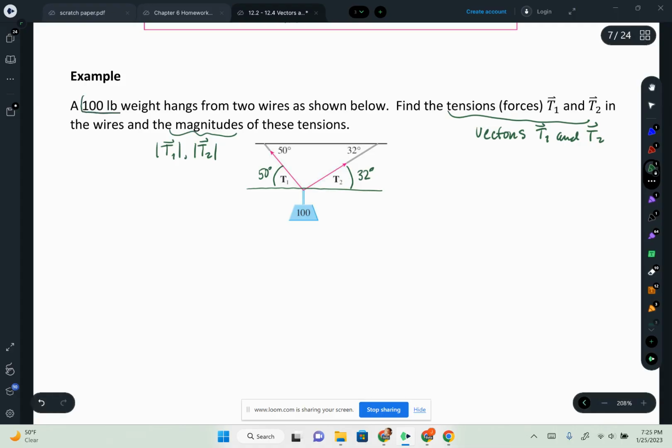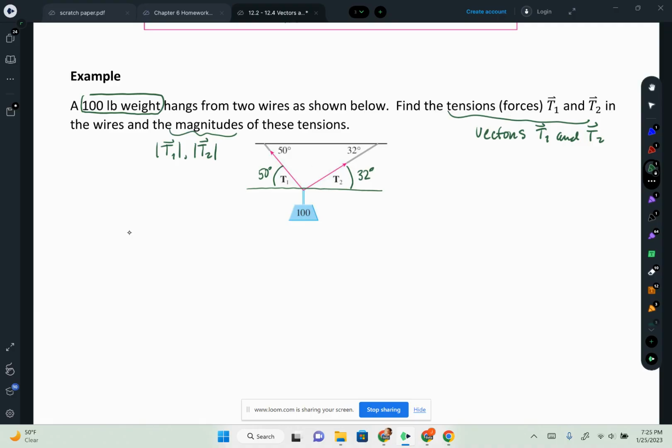What's going to help us is this 100-pound weight. So we want to go back to the idea of how you build a vector that has components when all you know is the magnitude and the angle that the vector makes with the axis.